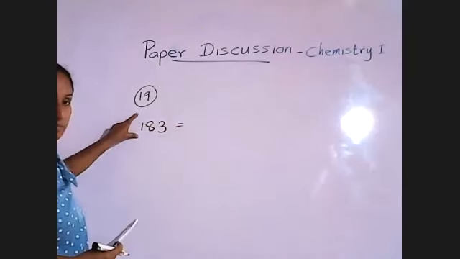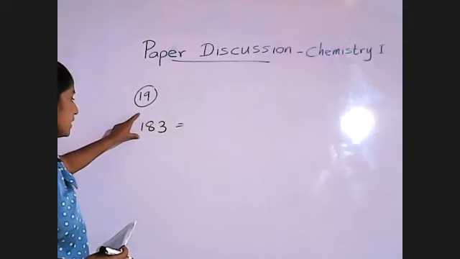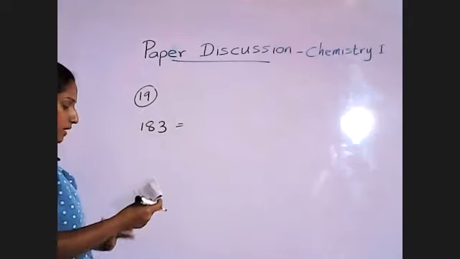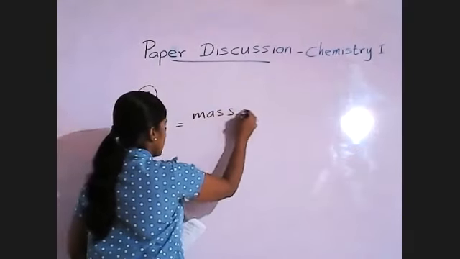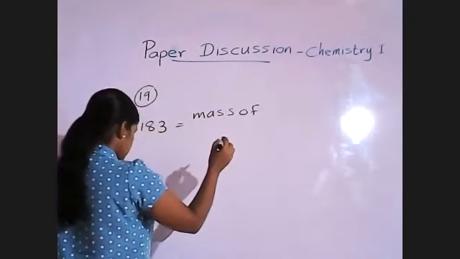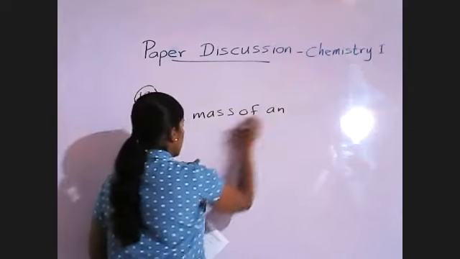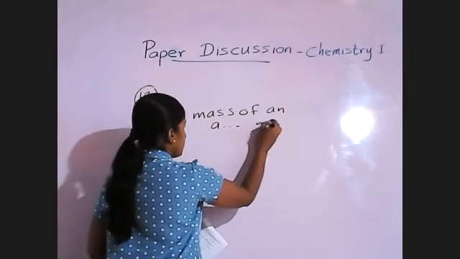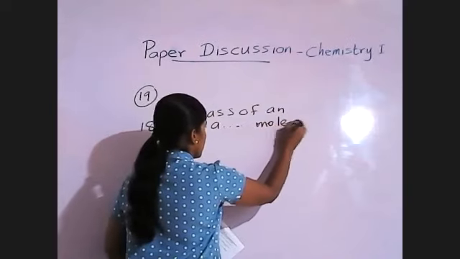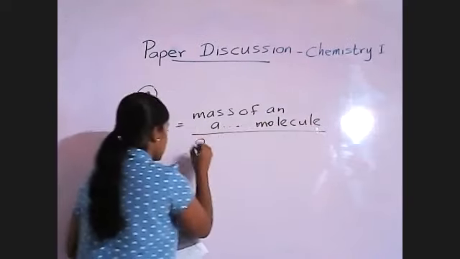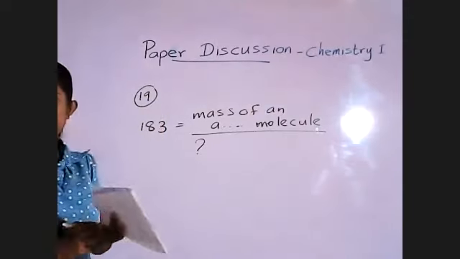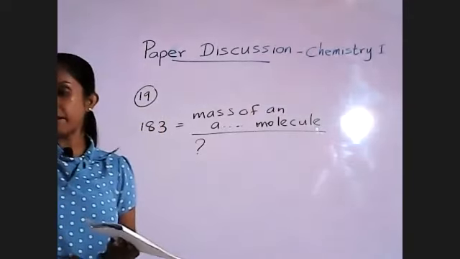How do we obtain this relative molecular mass? By dividing the mass of an adrenaline molecule by what?